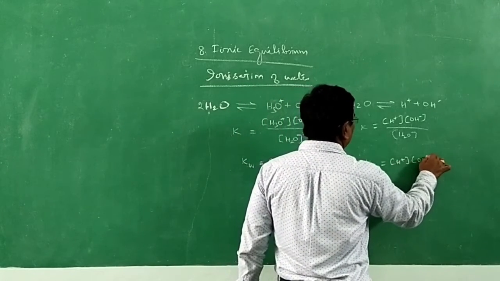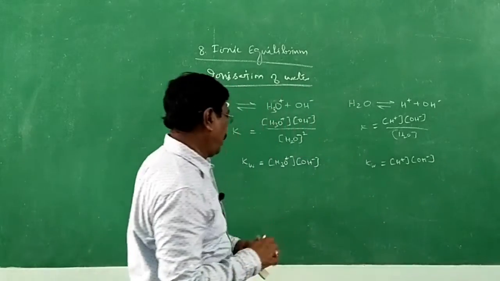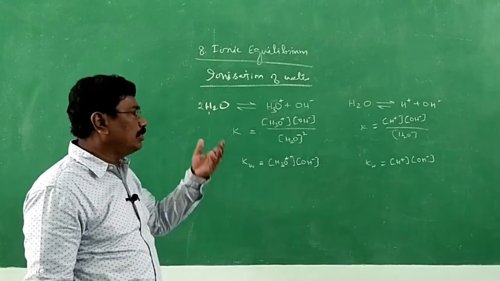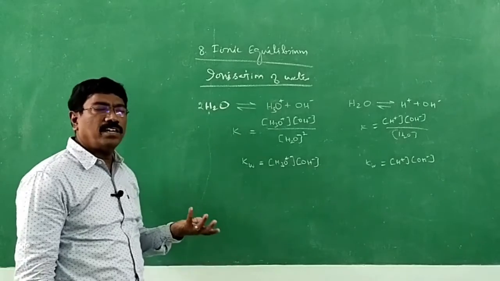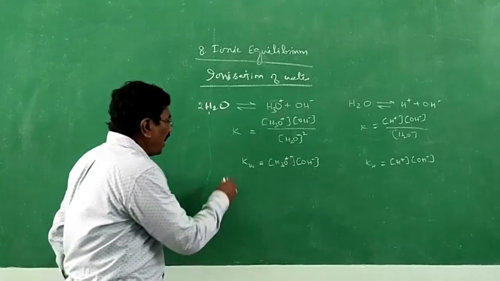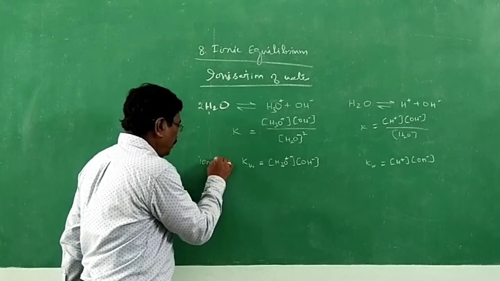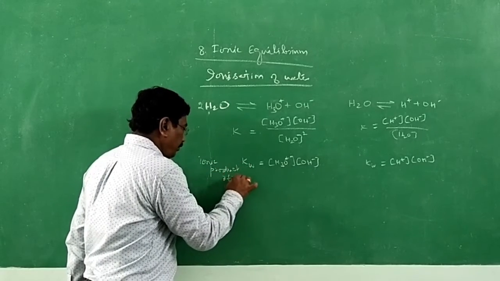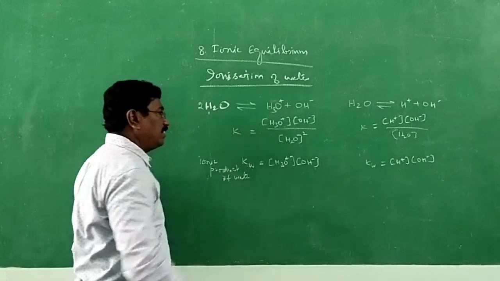Even if we write H plus or H3O plus, it makes no difference, because after all, water is a solvent. It is going to be a constant throughout the course of the reaction. Its concentration is not going to change. So, this is called the ionic product of water. Kw is referred to as the ionic product of water.